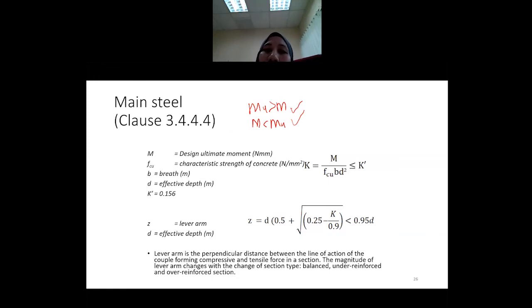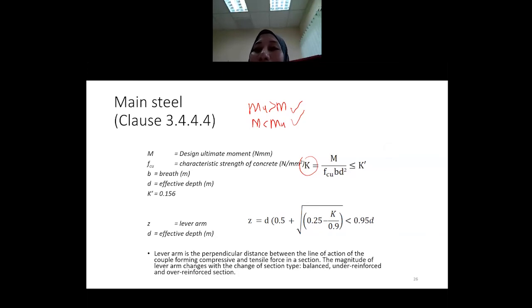Okay, so you kena dapatkan K, the value of K. K ni tak ada nama. Dia adalah coefficient. Memang tak ada nama. Saya pun tak tahu nama dia apa. Dalam BS 8110 pun tak cakap K ni nama apa. So, we take it as K lah.